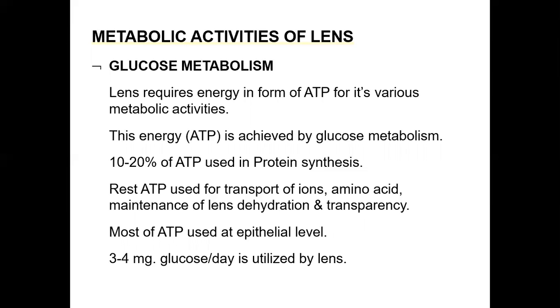This energy is achieved by glucose metabolism, and 10 to 20% of ATP is used in protein synthesis. The rest of the ATP is used in transport of ions and amino acids, and maintenance of lens hydration and transparency. Most of the ATP is used at the epithelial level, and 3 to 4 milligrams of glucose per day is utilized by the lens. So we get an idea about glucose metabolism.